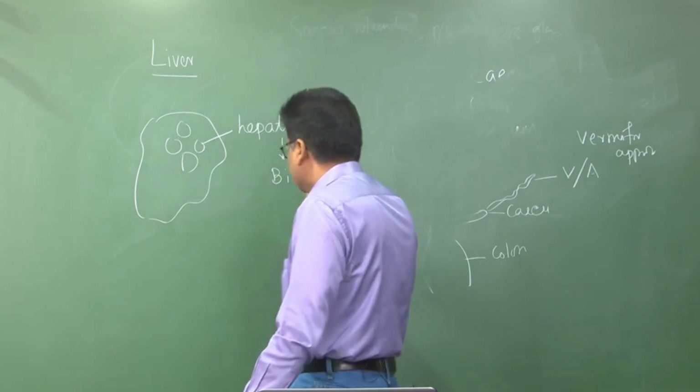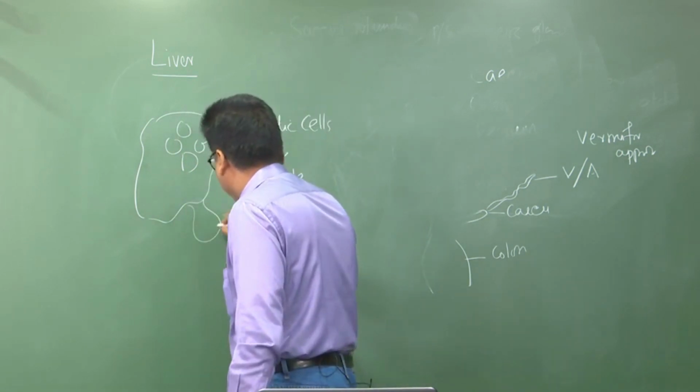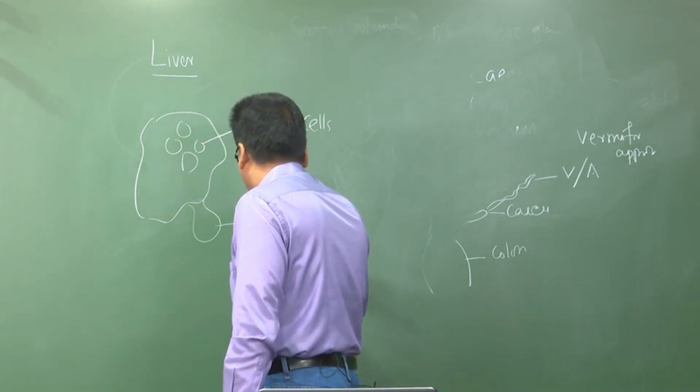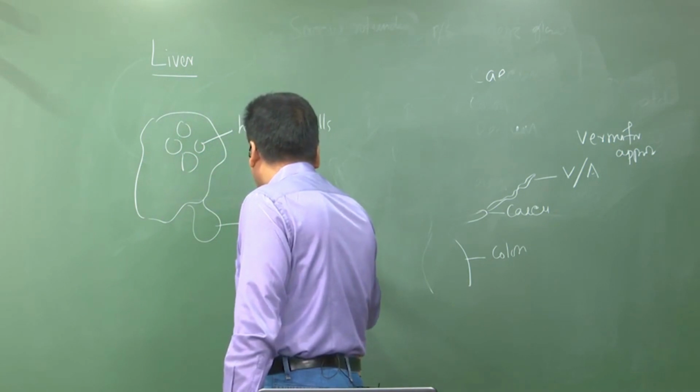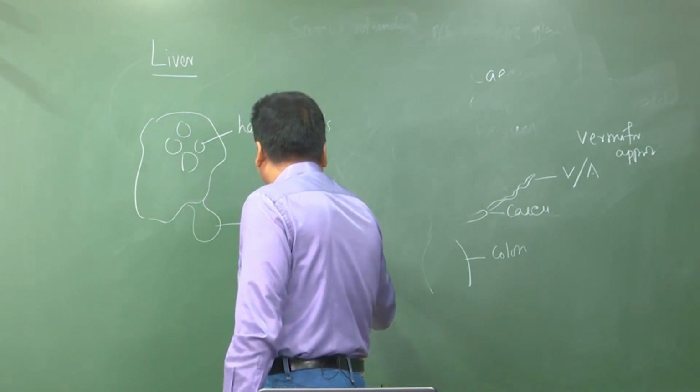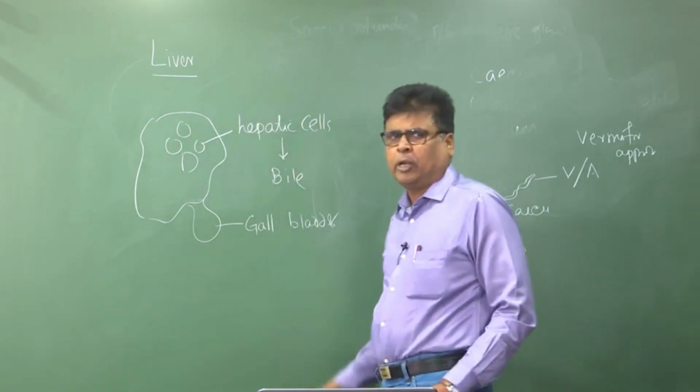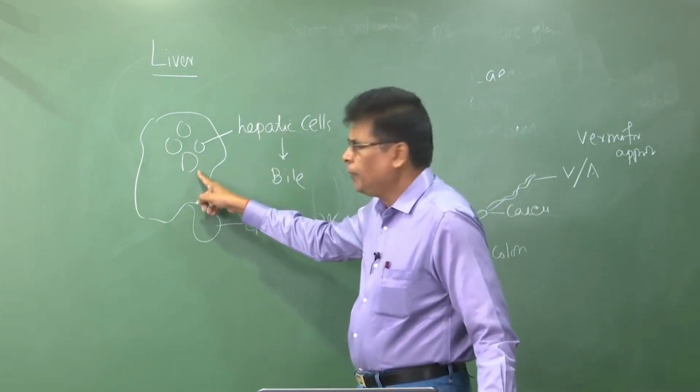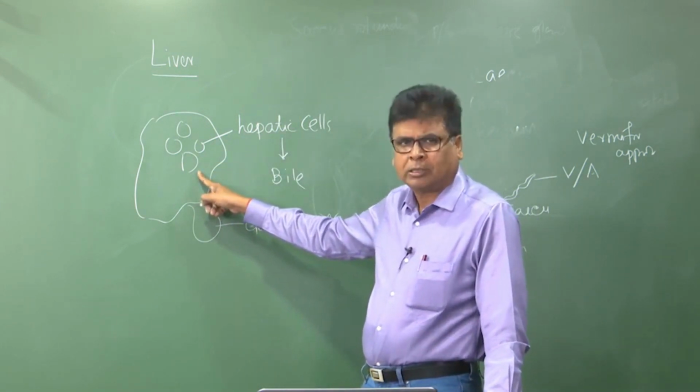Okay. So this bile may be stored in one bag that is known as the gallbladder. So generally during development of the liver, in one part the liver is developed along with its ducts.